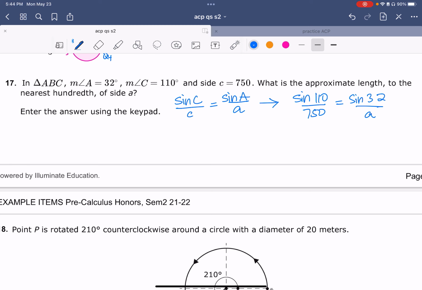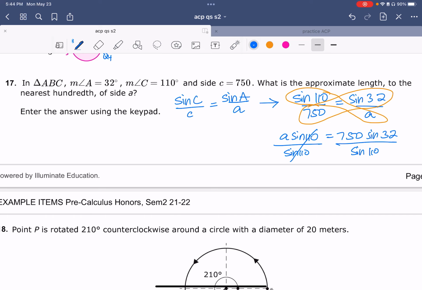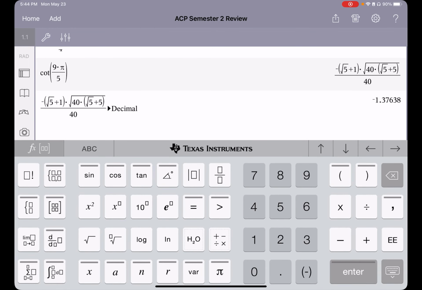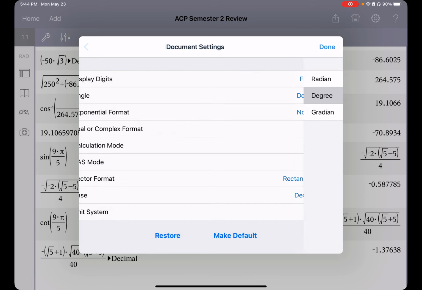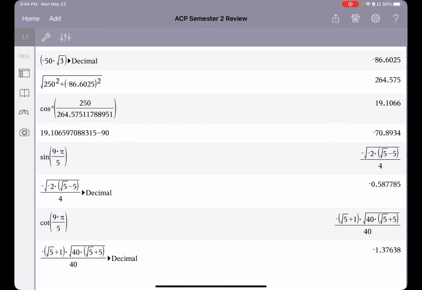When you have 2 fractions that are equal to each other, you cross multiply. So we have a sine of 110 is equal to 750 sine of 32. To isolate a, you would divide both sides by sine of 110. And so let's do that in the calculator. And this one is in degrees. I know it seems very tedious to go back and forth between degrees and radians, but be very mindful when you're working this out on the test.